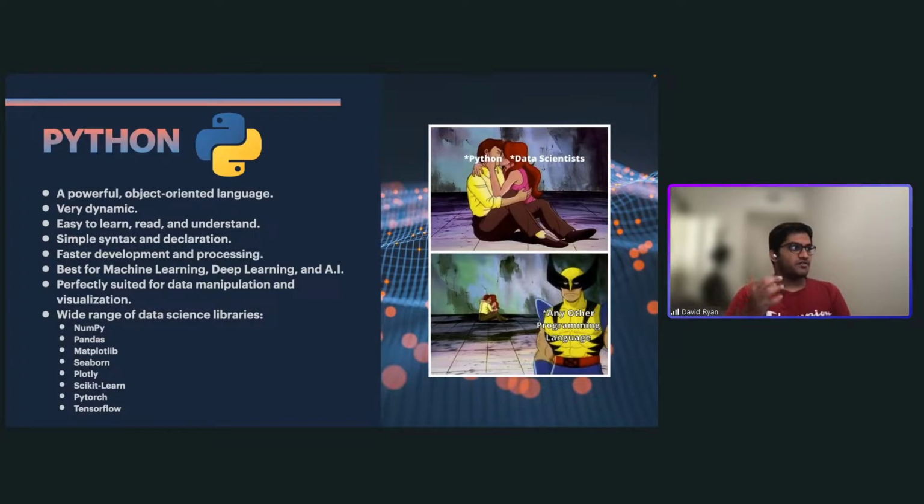It has faster development processing, and this makes it best for machine learning, deep learning, and AI. It's perfectly suited for data manipulation and visualization. There's a whole wide range of data science libraries, from NumPy to Matplotlib to scikit-learn, and even TensorFlow. And we'll go over some of these libraries soon in the demo.